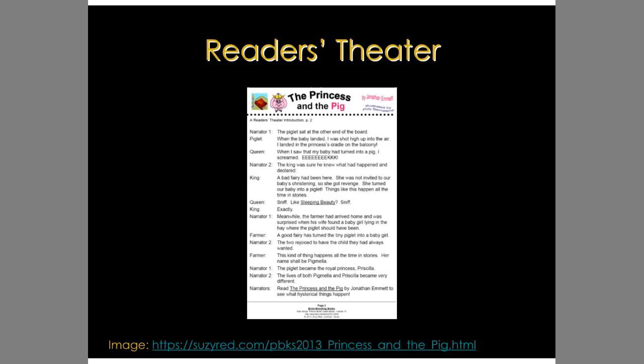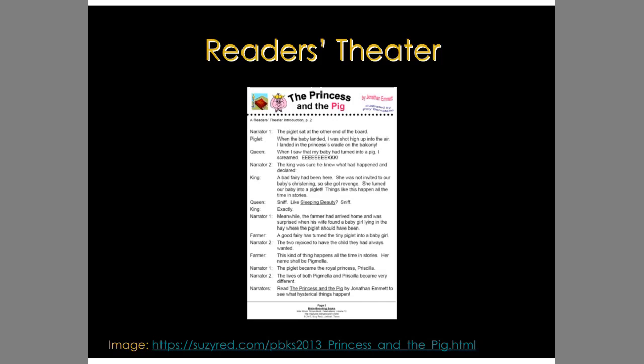I also wanted to talk to you very briefly about Reader's Theater. Reader's Theater is basically like the script of a play, except the purpose of Reader's Theater is to give students practice with repeated readings. So students would read their part in the Reader's Theater script over and over again, but you're not really expected to memorize your part in the script, and you also don't need to necessarily dramatize your part in the script.